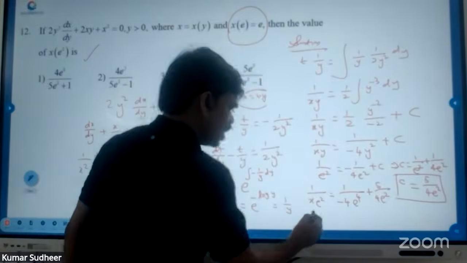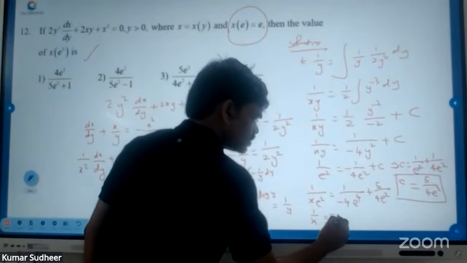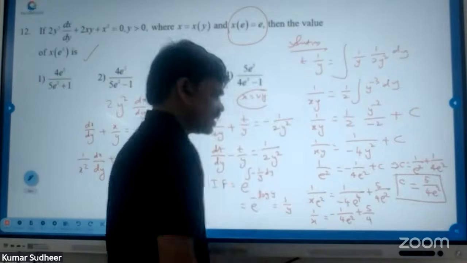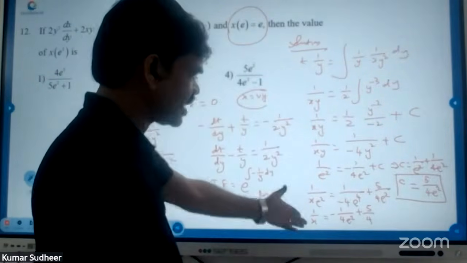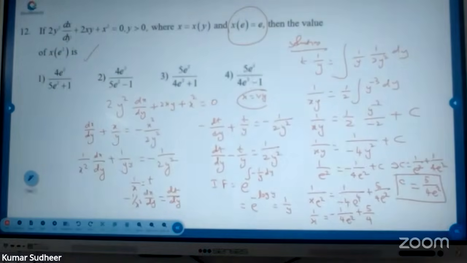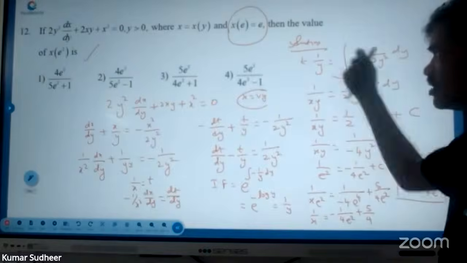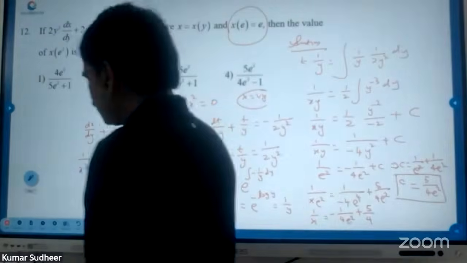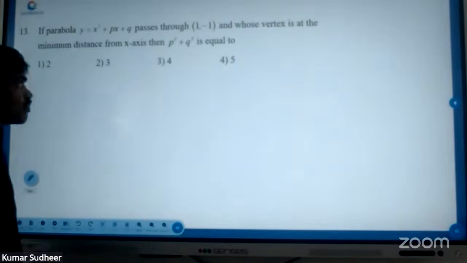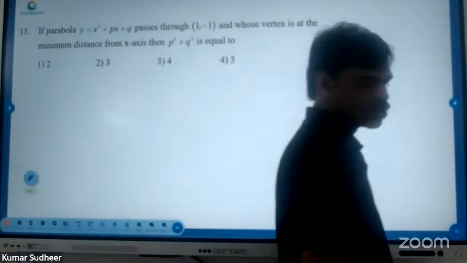So 1 by x equal to minus 1 by 4 e power 4 plus 5 by 4 e squared. Now if you take LCM and reciprocate, we'll get the answer. That's it. This also can be solved, but you can go by any method, any one of the three methods we can use. Let us go for the next question.